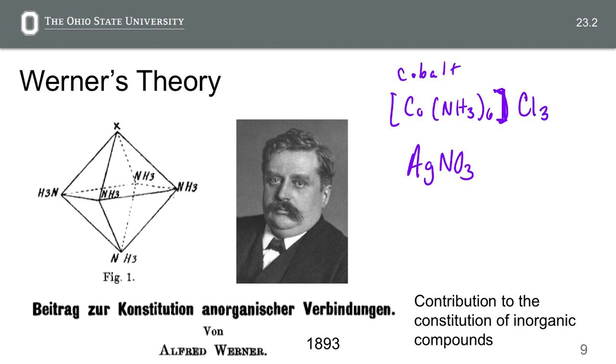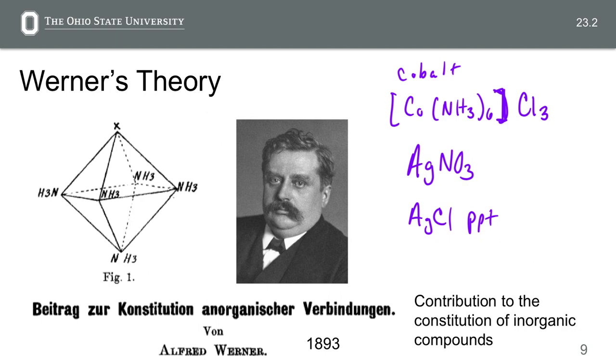Why do you think he did that? What's going to happen if you add silver nitrate to a solution that contains chloride? Anyone recall? You're going to form silver chloride, which is going to precipitate because it's a slightly soluble salt, low solubility.